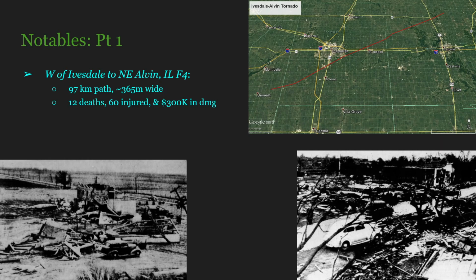Our first one occurred west of Ivesdale to northeast of Alvin, Illinois. This F4 was most likely caused by the warm front that I just talked about earlier, and this F4 had a path of a pretty damn long 97 kilometers and reached 365 meters wide.